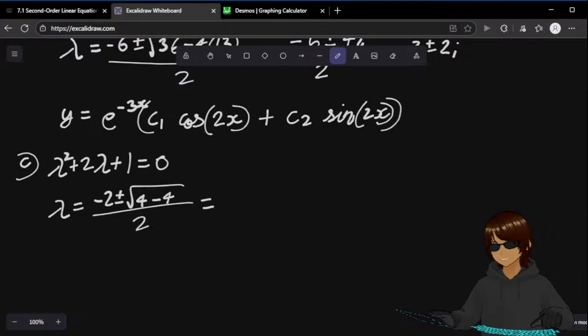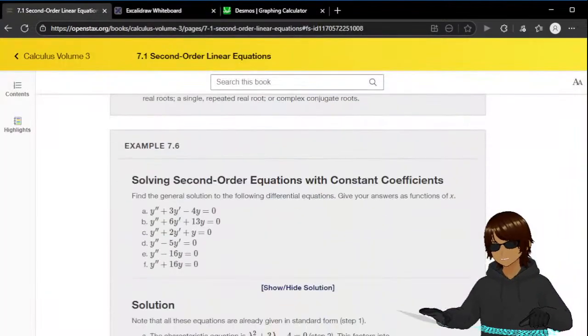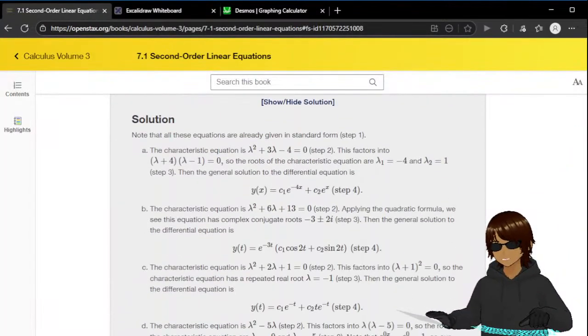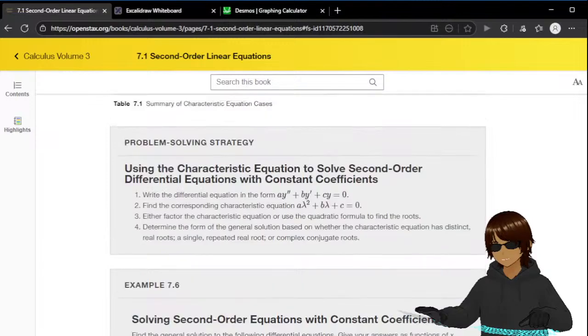This is 0 minus 2, which is 1. So minus x, hold on, c1 and then plus c2. Let's see if that's the answer. ABC. Yes, that is the answer.